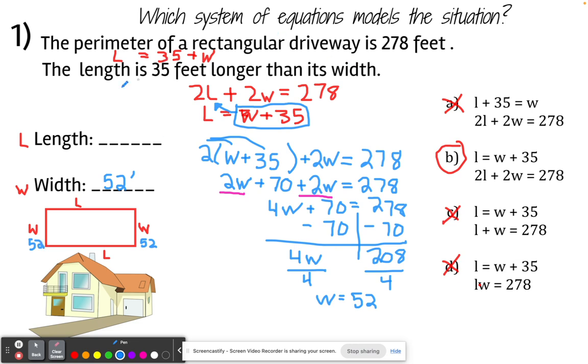Now my length, we know my length equals W plus 35. Now that I know my W is 52, my length will be 52 plus 35. So my length will be 87 feet.